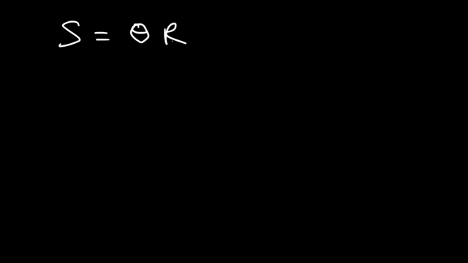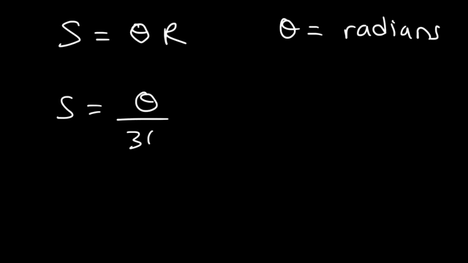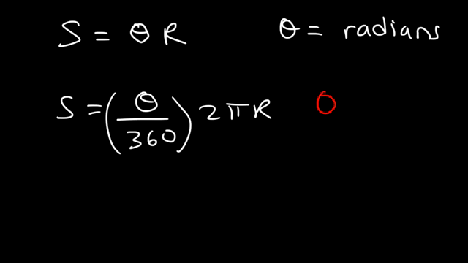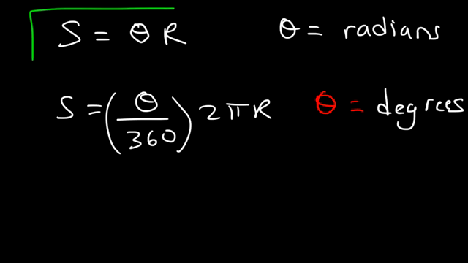S equals theta r, and only use that if theta is in radians. Now you can also use this equation, theta divided by 360 times 2 pi r, where theta is in degrees. So those are the two formulas that will help you to calculate the arc length of a circle.